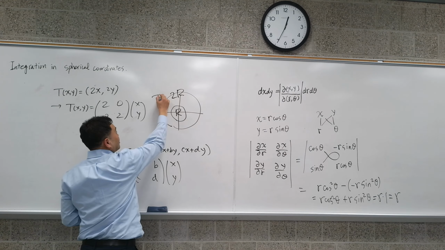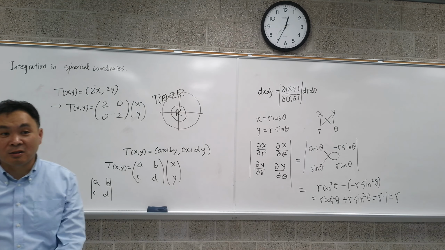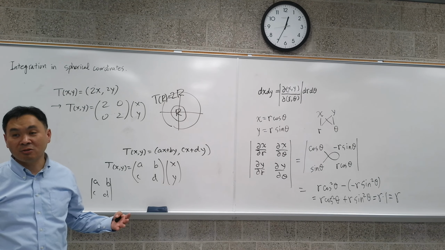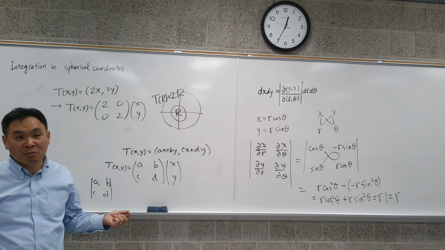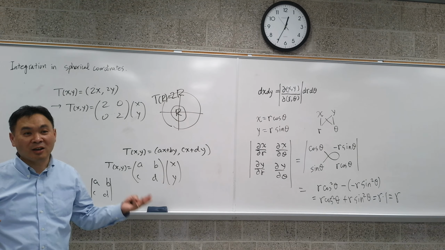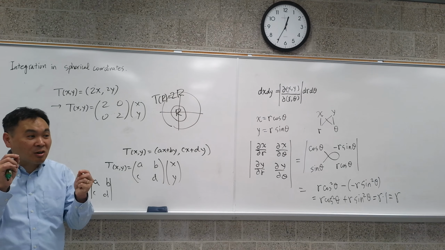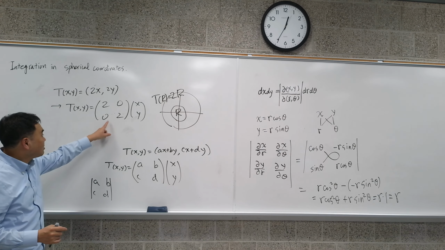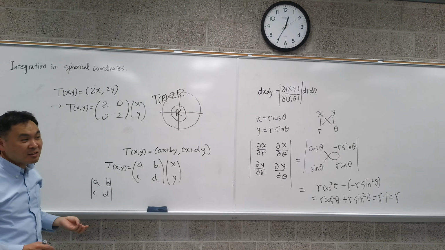T applied to region R will make everything twice as big. But if that happens, what happens to the area? If all the lengths are doubled, then the area becomes? Twice, 4 times, 8 times, 16 times. Which one? 4 times. If the lengths double, then the area becomes quadrupled, right? So if you take the determinant of this, that's exactly 4, 2 times 2. And that's the meaning of the determinant.